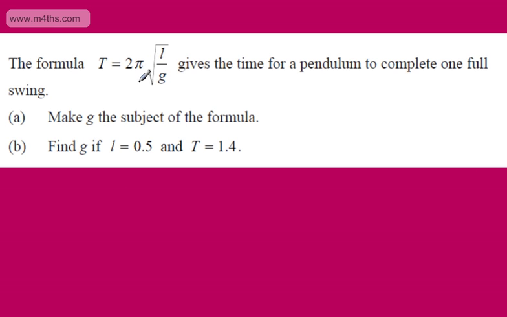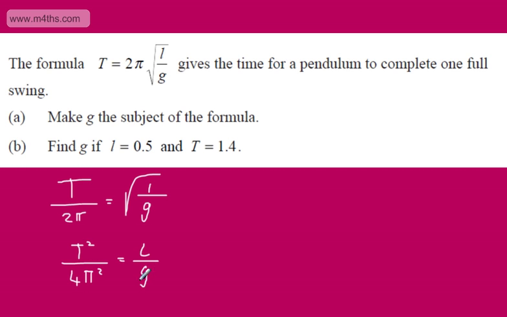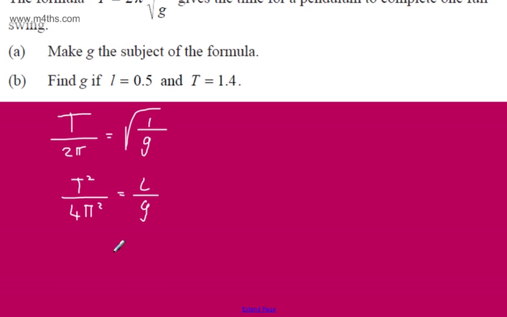So we want to make G the subject. So what we have is G in the denominator. So the first thing I'm going to do is divide both sides by the 2 pi. So T over 2 pi is going to be equal now to the square root of L over G. I'm now going to square both sides. That will give me T squared over 4 pi squared is going to be equal to L over G. At this stage, we can invert the fractions.